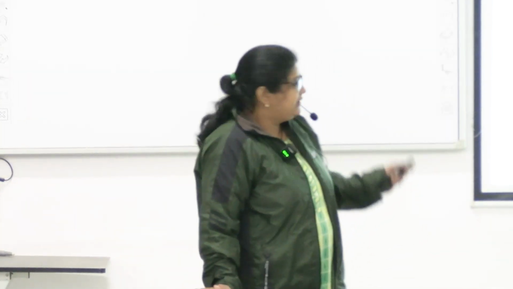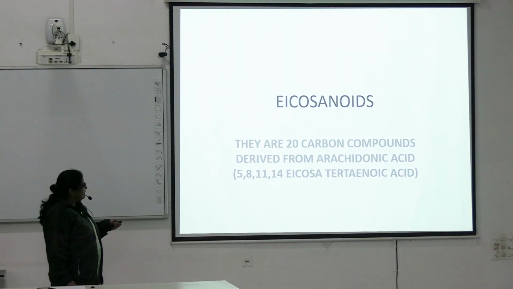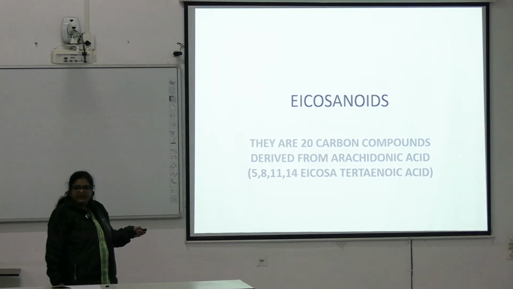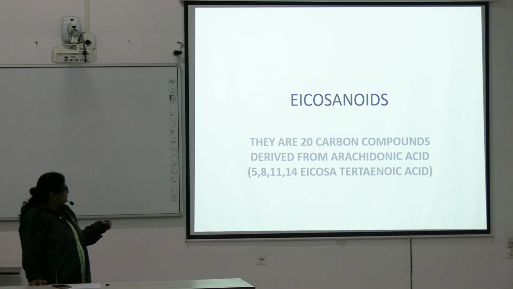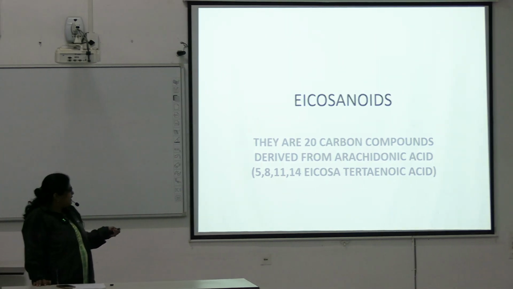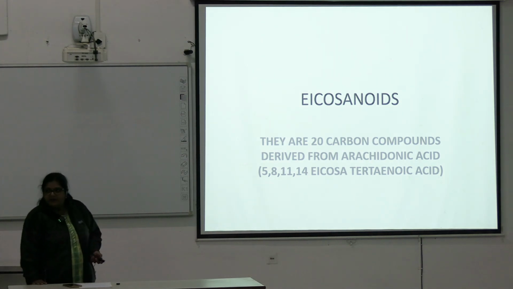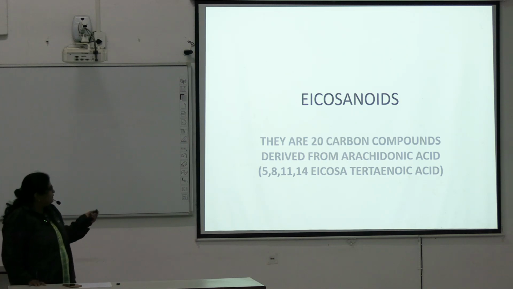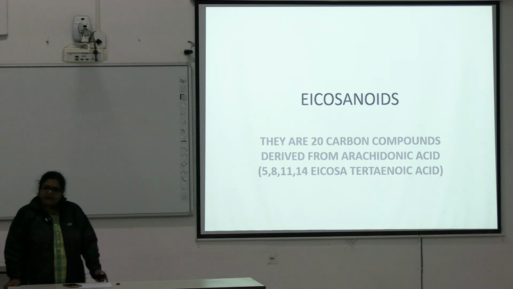Arachidonic acid is 5, 8, 11, 14 eicosatetraenoic acid. It is arachidonic acid, and eicosanoids are derived from this 20-carbon arachidonic acid.